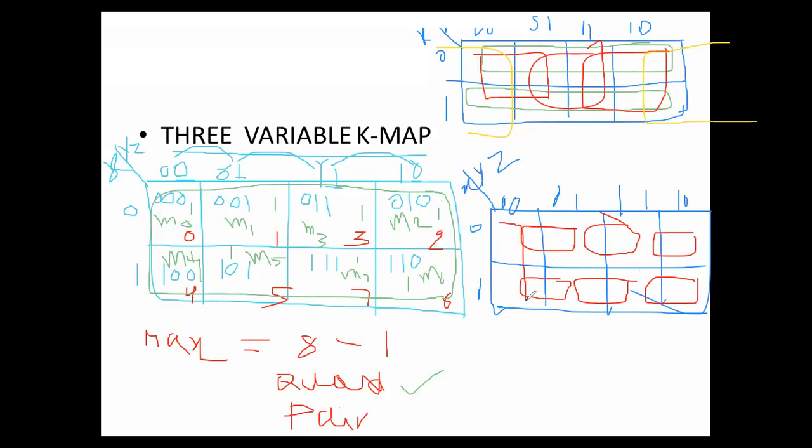Otherwise, these are also adjacent, either horizontally or vertically. Do you understand? These are the possibilities for pairs. Now we take one example and do the problem: how to simplify by using K-map.